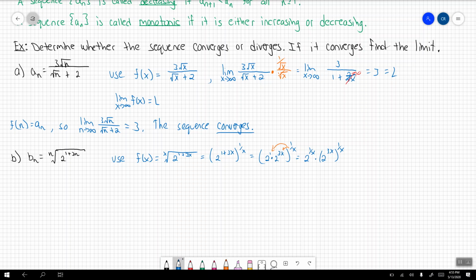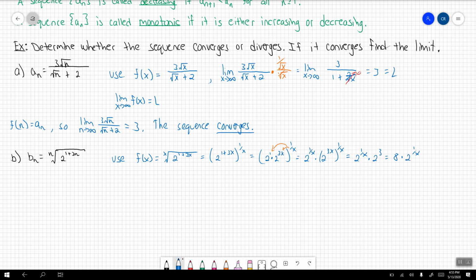So once I have this taking place, this first term just becomes 2 to the power of 1 over x. And in this second term, notice the x's are going to cancel, and we're just going to get 2 to the power of 3. This means that I'm looking at 8 times 2 to the power of 1 over x.